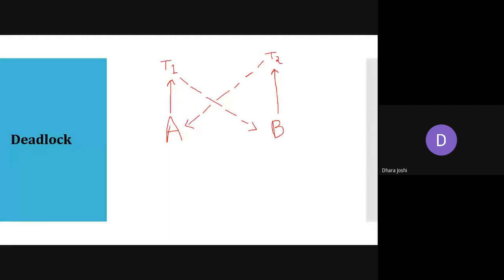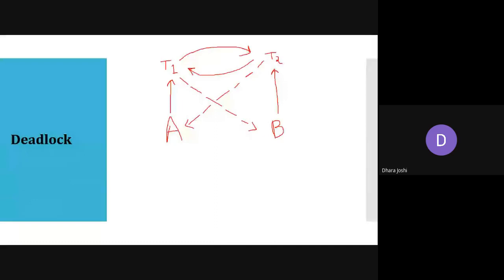But each has acquired only one data item: T1 has A and is waiting for B, and T2 has B and is waiting for A. T1 and T2 are dependent on each other. T1 is waiting for T2 and T2 is waiting for T1.